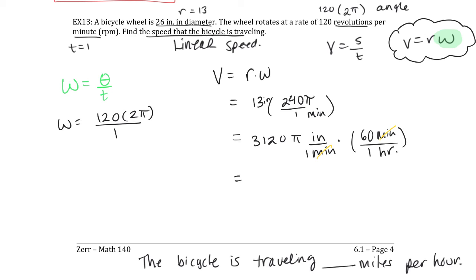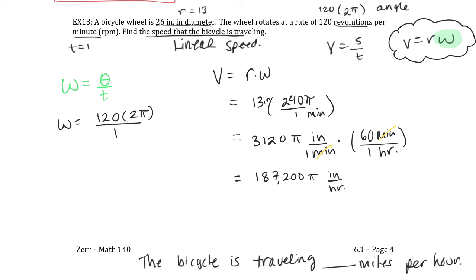So 60 times 3,120 is 187,200 pi, and our units now are inches per hour.